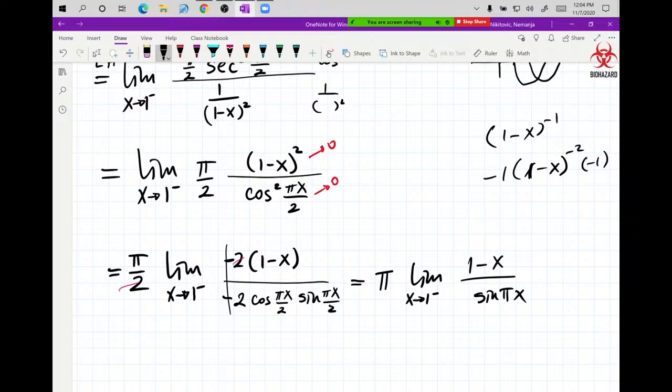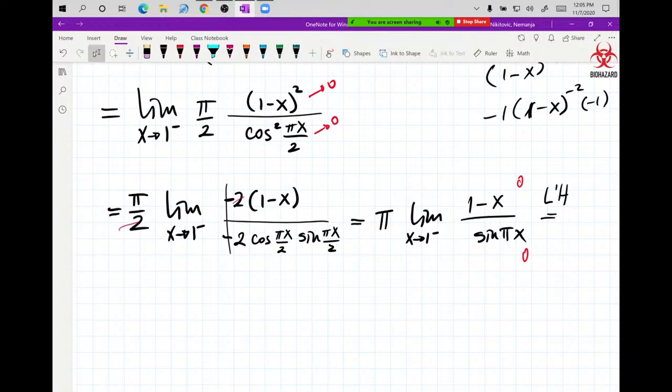And now, when you try to plug in 1, sine of pi is 0, and the top is 0. We still have 0 over 0. Well, let's hit this with another L'Hopital. You know you made it in life when someone makes a verb out of your last name, right? So hit this with L'Hopital or L'Hopitalize.